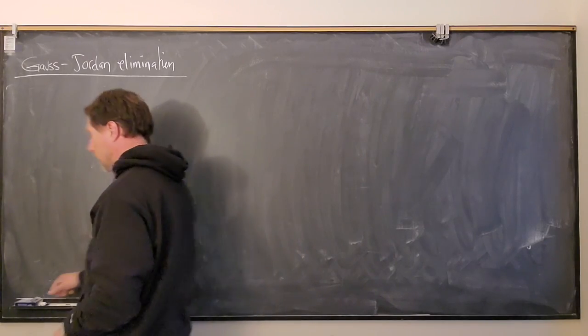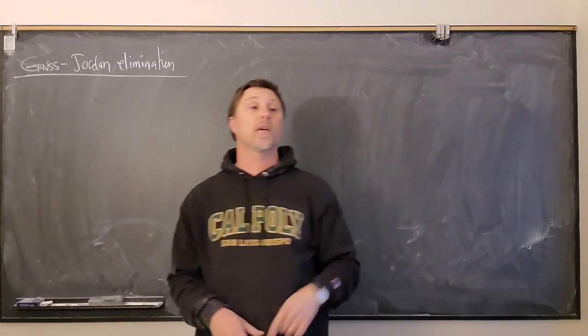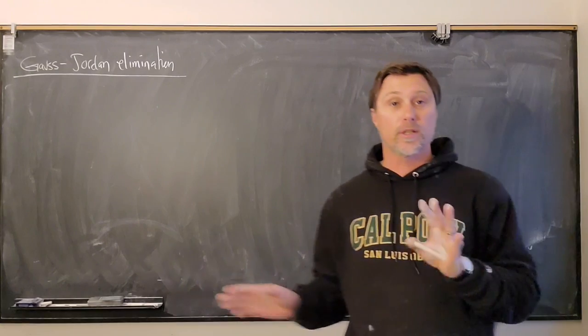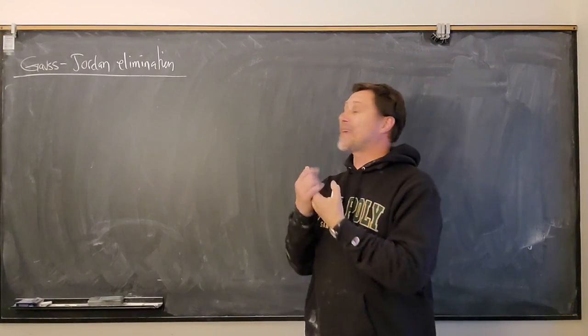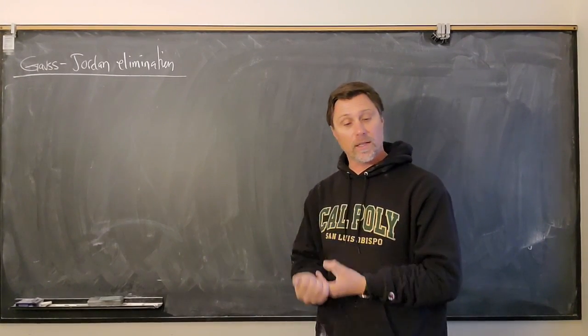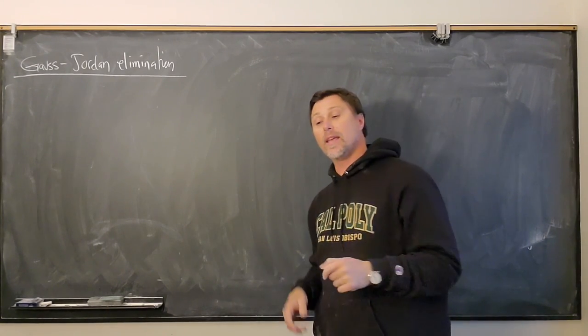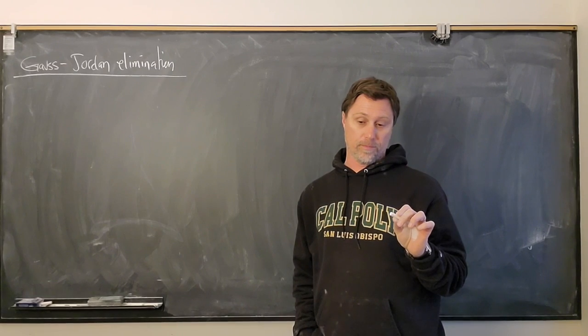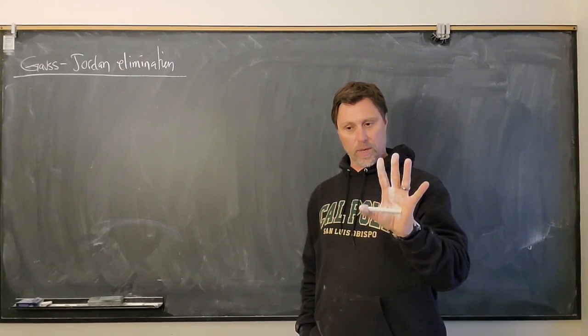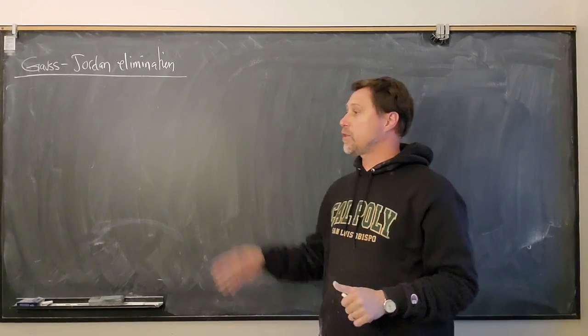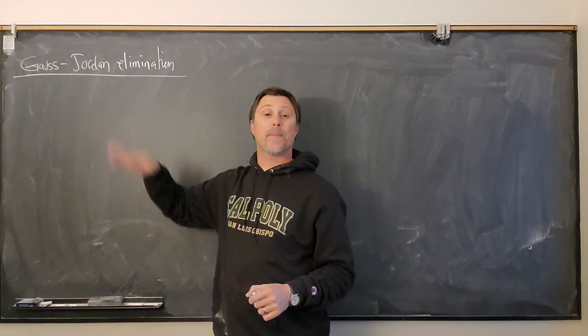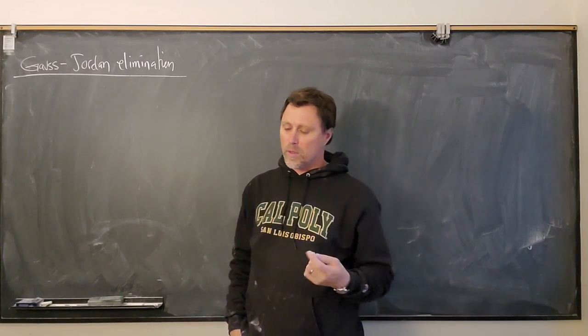Gauss-Jordan elimination refers to the process of taking an augmented matrix and getting it into reduced row echelon form. There's also Gaussian elimination, which is the process of taking an augmented matrix and getting it into row echelon form. So Gaussian elimination stops a little bit short, and then by doing Gauss-Jordan, this additional step will get it into reduced row echelon form.